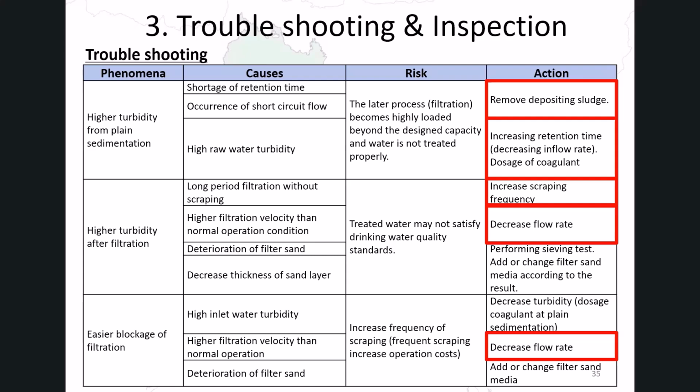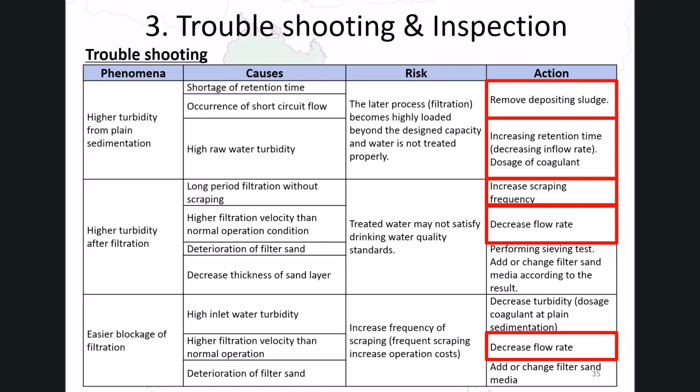For example, higher turbidity after plain filtration may be related to shortage of retention time, occurrence of short-circuit flow, or high raw water turbidity. The cause can be single or multiple. According to the cause, action and countermeasure to be taken are decided.